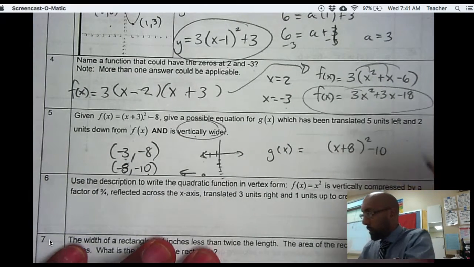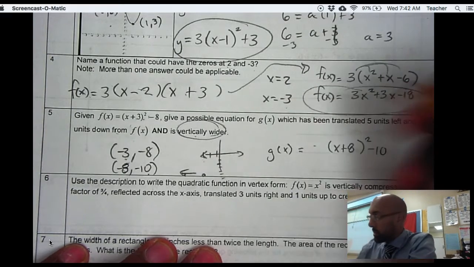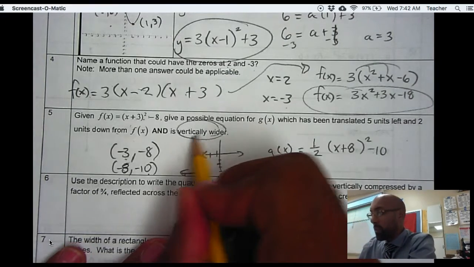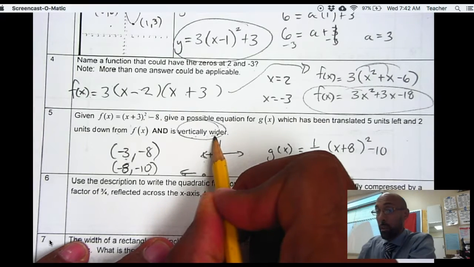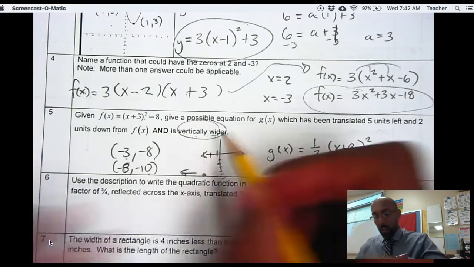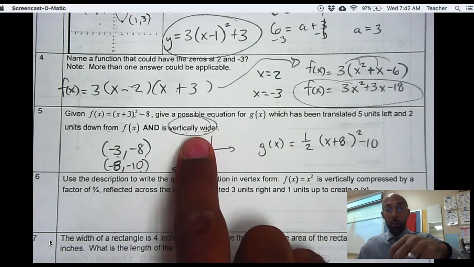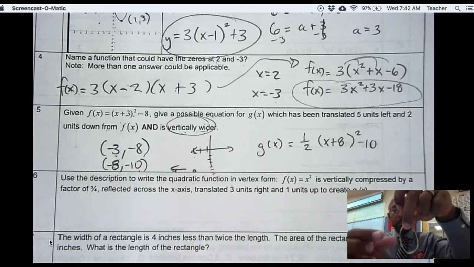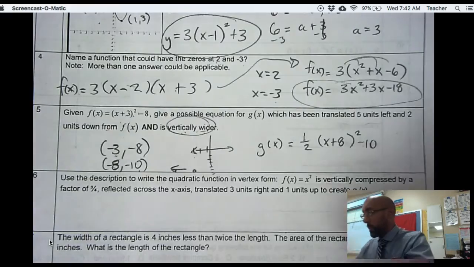A vertical compression, this number has to be less than 1. So we could do something like 1/2. So you have to think about vertically wider. What does that mean? Because the terms that you're familiar with are compression and stretch. If this said vertically narrower, right, that means it's stretching this way. But if it's wider, that means it's compressing this way. We have to think about it that way.